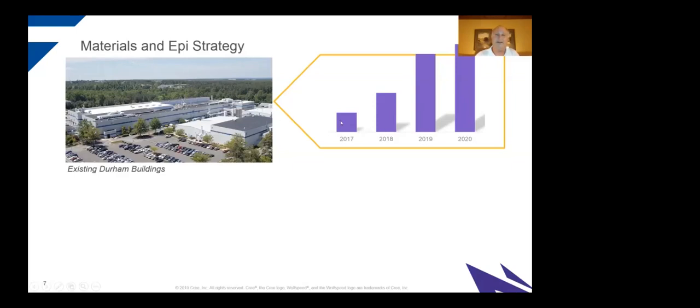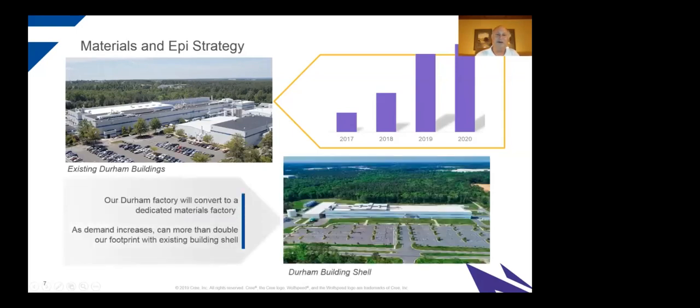We plan to continue ramping up that capacity and fully outfitting this factory as a dedicated materials factory. But it won't stop there. On that same campus, we have a shell of a building that will be our next materials factory, which will allow us to continue that curve going up much, much more to meet this oncoming demand.